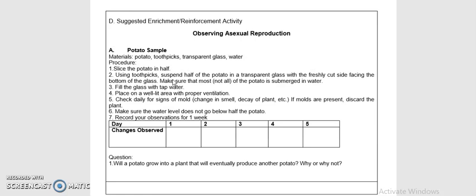Again, just pause this video so you can really see the questions. Very clear. And this ends our discussion about sexual and asexual reproduction.